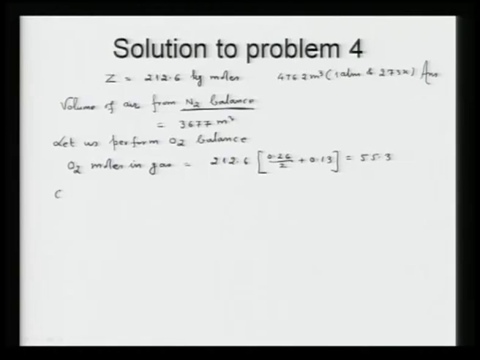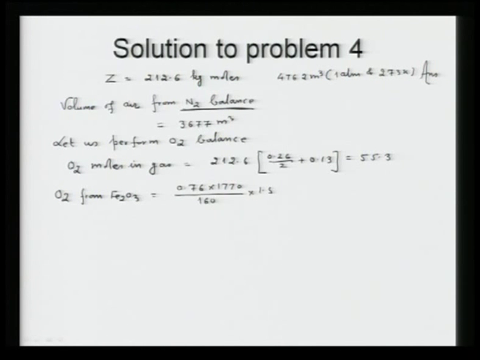So, O2 from Fe2O3. No iron is lost in the slag, so all the oxygen will be available. I am just giving one example of calculation: 0.76 into 1770 upon 160 kg moles of Fe2O3.